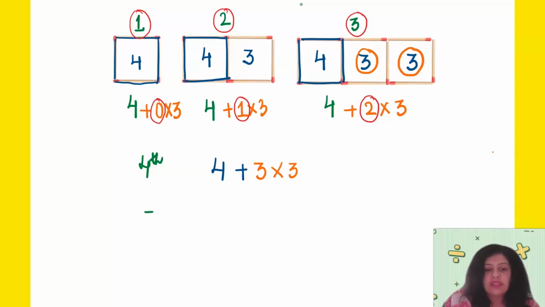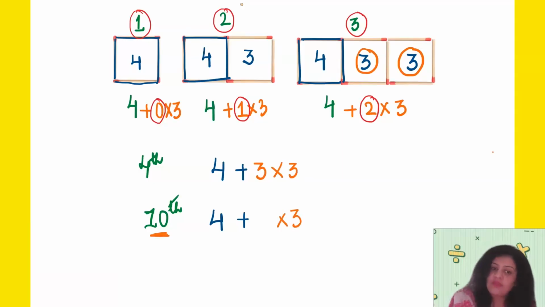Then let us find out for the 10th figure. 4 is fixed. Then how many groups of 3? Yes, we have to make 10 squares. The first one will be made up of 4 matchsticks and then we have to add 9 more.